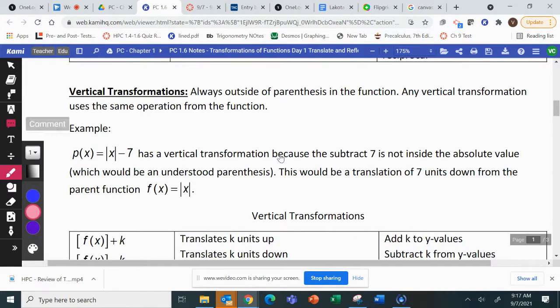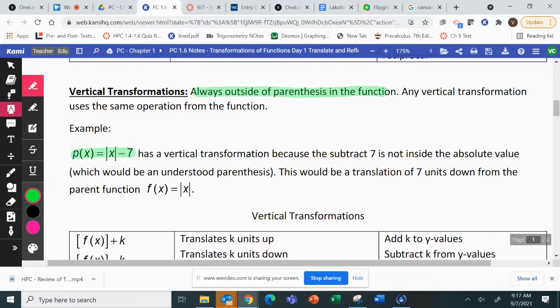All the vertical transformations are total common sense. First of all, vertical transformations are on the outside of the function. You can see this example right here that says p of x equals absolute value of x minus 7. Minus 7 is on the outside of the function and it's not in the absolute value.